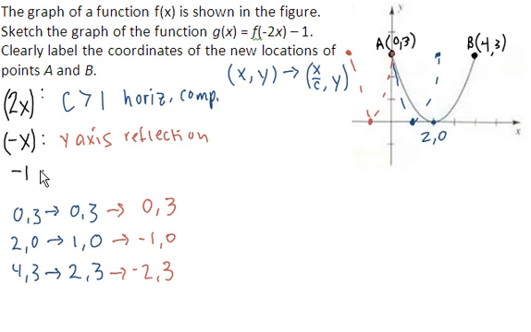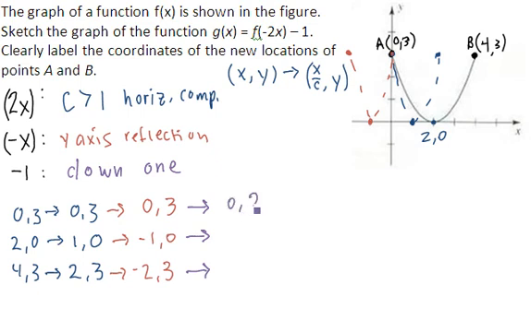The next step, and the final step, is to apply this minus 1 that is applied to the whole function. This means that we're going to be moving the graph down 1. If it was a plus 1, we'd be moving it up 1. So that's simple enough. Down 1. So we're going to be changing our y values, and we're going to be subtracting 1 from them.